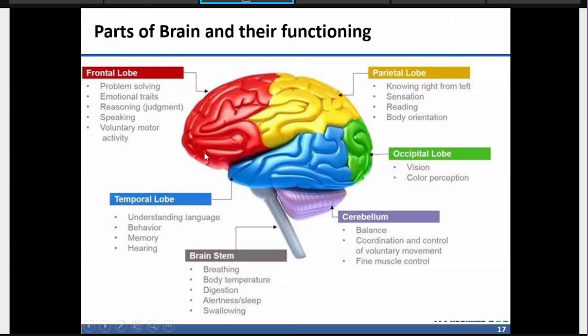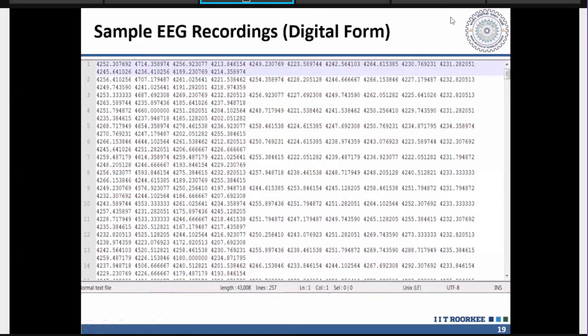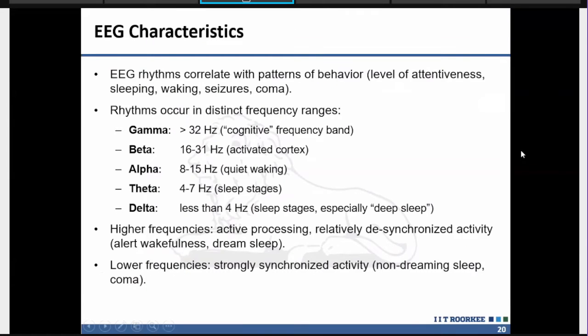If you buy, for example, a 64 or 120 electrode sensor, these will be dense, and you will have more or less a full distribution over the head. Now you have understood this data acquisition.